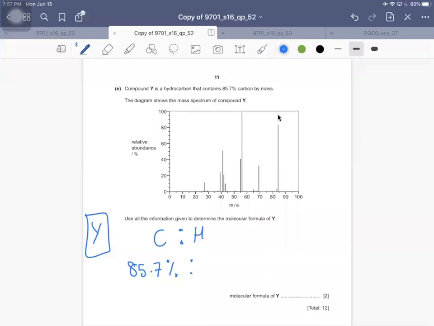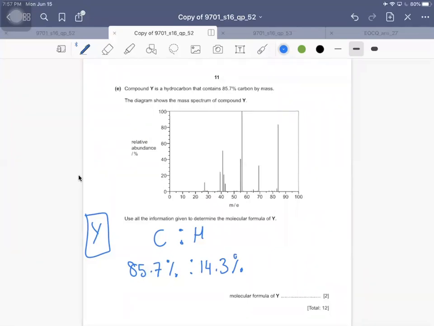Percentage of hydrogen if carbon is 85.7% by mass. 14.3, thank you, Inshira. 14.3%, okay?